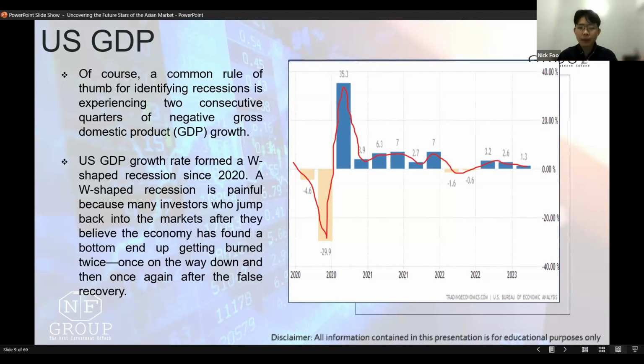Am I right? You can feel it when you do some trading. When the share price goes up, maybe for a few days, then you retrace. Am I right to say that? So the stock market is as volatile as the US GDP growth rate, ladies and gentlemen.